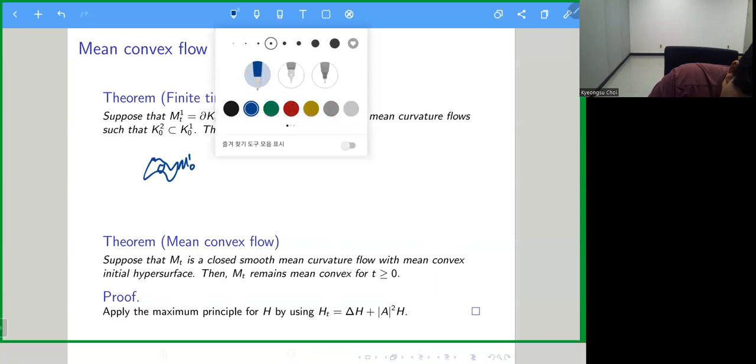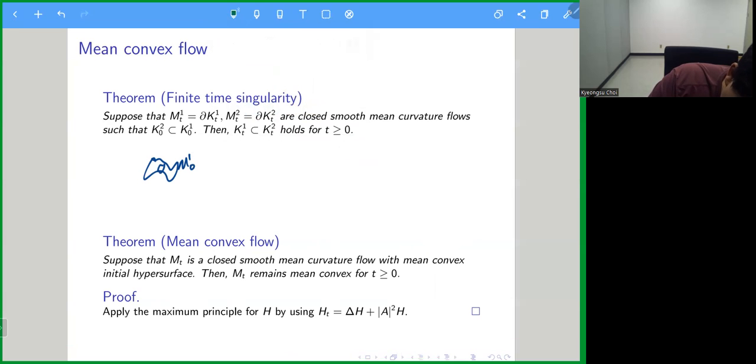Because this is closed, I mean compact, there is always some large enough ball enclosing the given initial data, say M1 at time zero. And let me say the round ball outside is M2 at time zero. And we consider the flow from these two initial data.